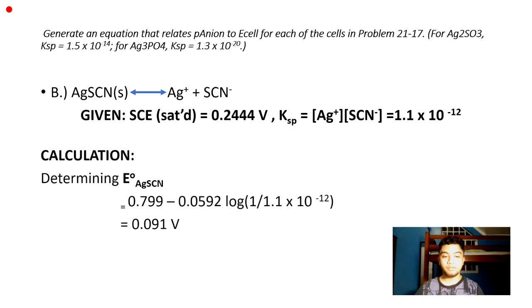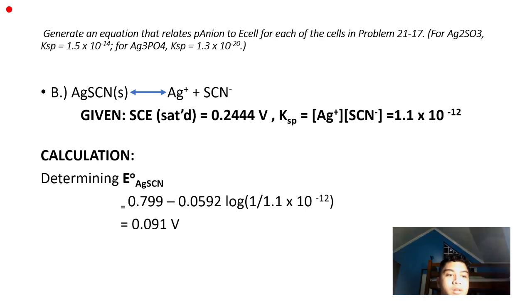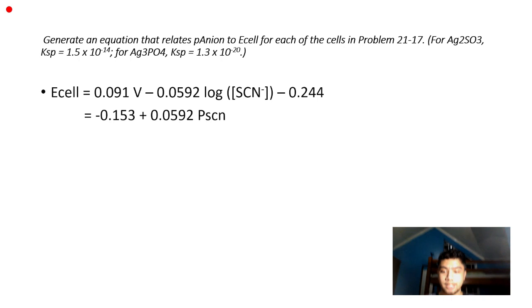Then after simplifying the equation, we get that the E indicator for the silver thiocyanate, or the AgSCN, is equal to 0.091 volts.